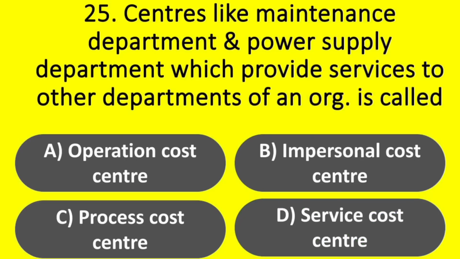Centers like maintenance department and power supply department which provide services to other departments of an organization are called option A, Operation cost center; option B, Impersonal cost center; option C, Process cost center; option D, Service cost center. Answer: option D, Service cost center.